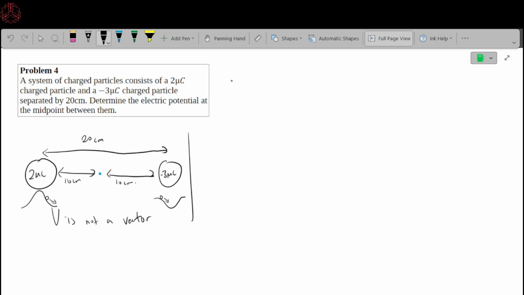If I were to find the electric potential, I'll just call that V net. I will simply add up all the potentials, so the potential from the 2 microcoulomb plus the potential from the negative 3 microcoulomb.